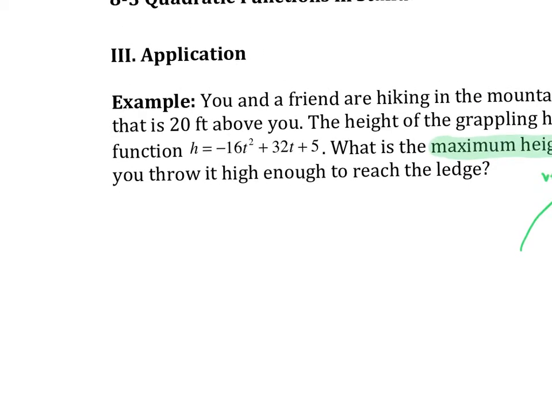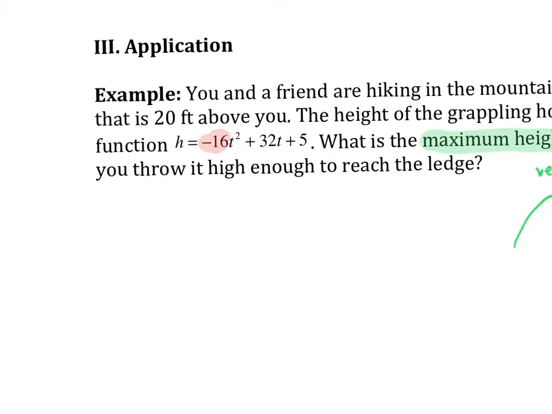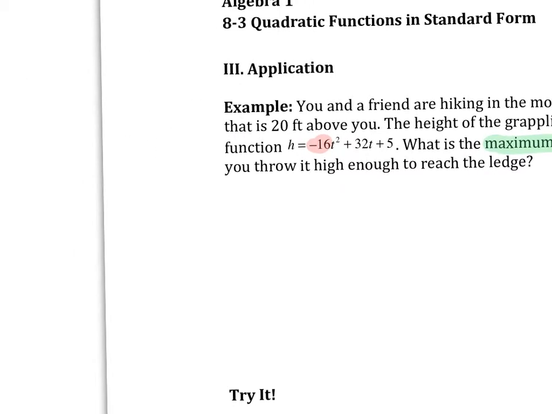But I will point out to you the negative 16. You don't have to write this down, but it certainly might be helpful for thinking about. Well, we know A is negative 16. I'll tell you that has to do with gravity. It's negative 16 feet per second per second. That's how fast you accelerate when something is thrown.